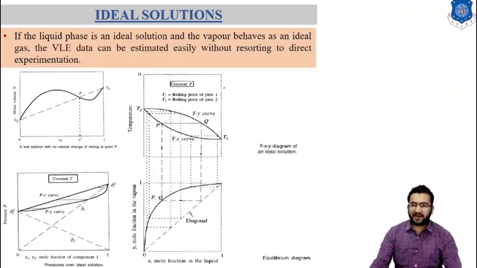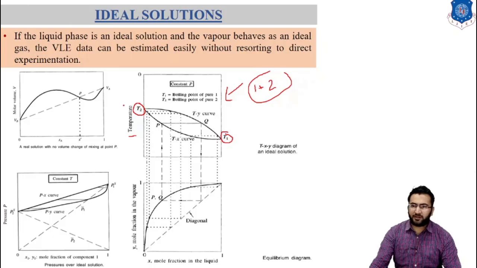This is a T-x-y diagram for an ideal solution of a binary mixture of component 1 plus component 2. Temperature 2 is the boiling point of component 2, and temperature 1 is the boiling point of component 1.